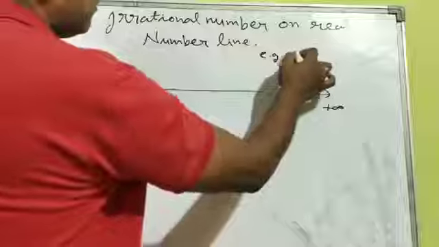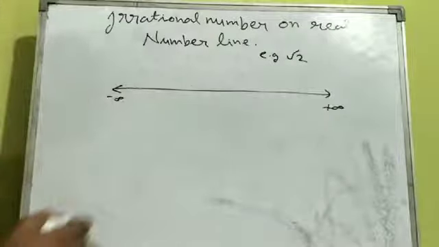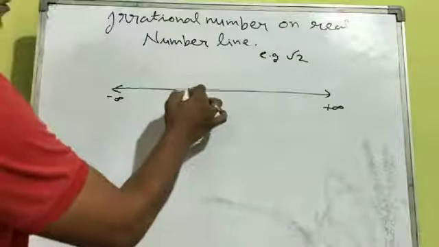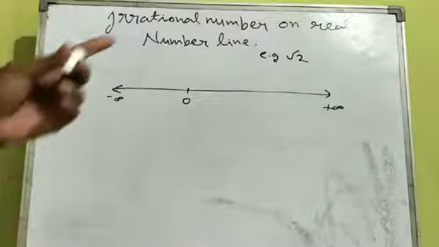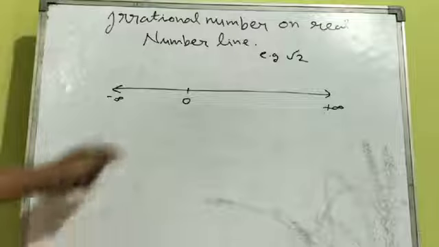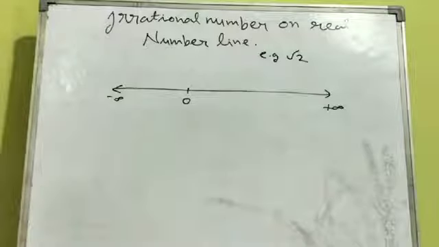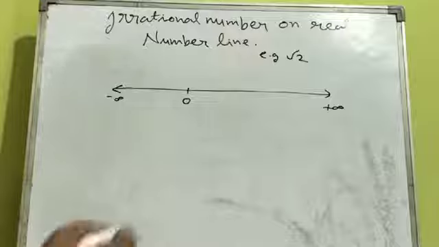For example, root 2. Let this one be 0, that is the origin. In order to represent root 2, first of all divide this number line into equal segments, that is, equal units.